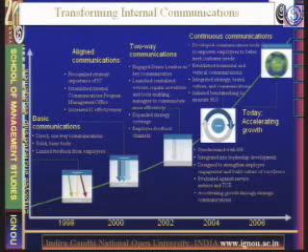If you see the second stage, the second stage is aligned communications, where they recognize the strategic importance of internal communications, established internal communication programs, a management office, and increased internal communication effectiveness.